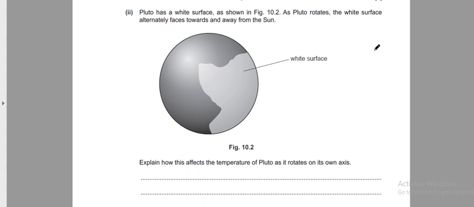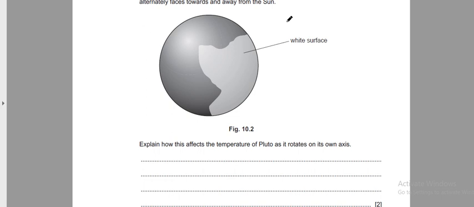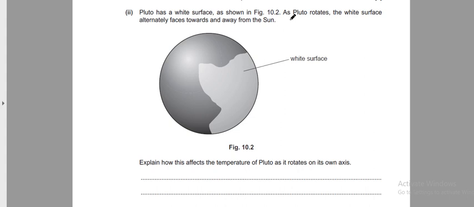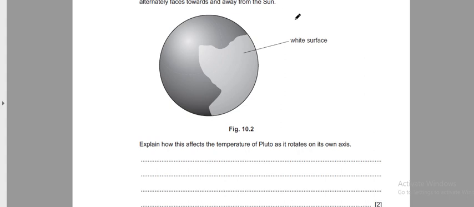Pluto has a white surface. As Pluto rotates, the white surface alternately faces towards and away from the sun. Explain how this affects the temperature of Pluto as it rotates around its own axis. Here we should remember that a white surface is a good reflector, while a black surface is a good absorber and good emitter.